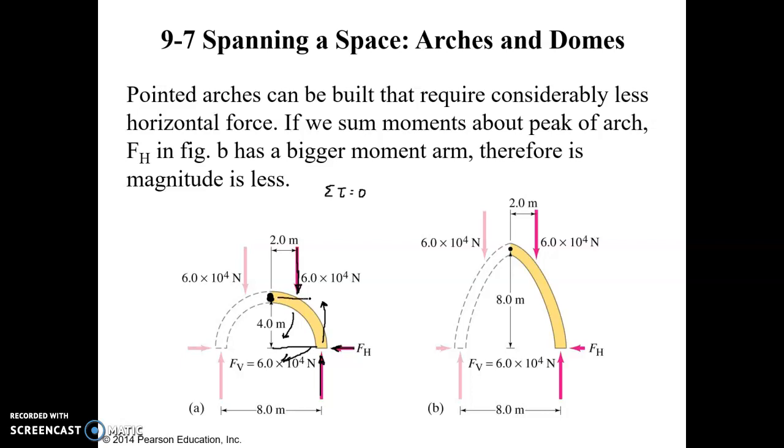But it depends on this moment arm, the height of the arch. And so if we can make the height taller, like in this instance, we're increasing the height from 4 to 8, we've made the moment arm larger. That allows us to make this force much less, because the torque is equal to the force times the distance. So if the distance is big, the force can be smaller. Half as much, in fact.